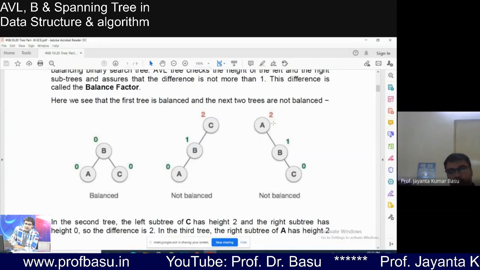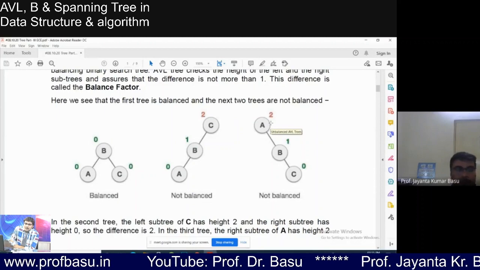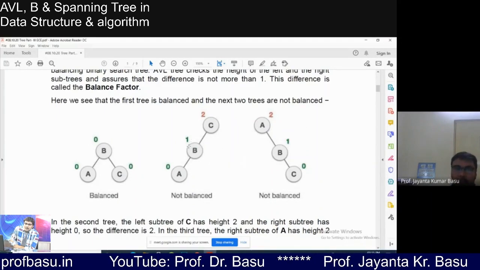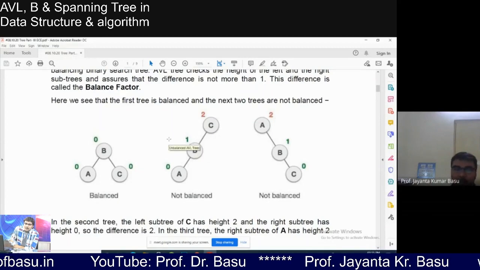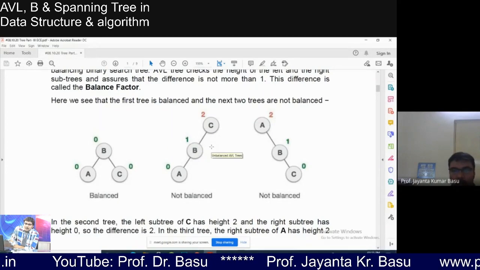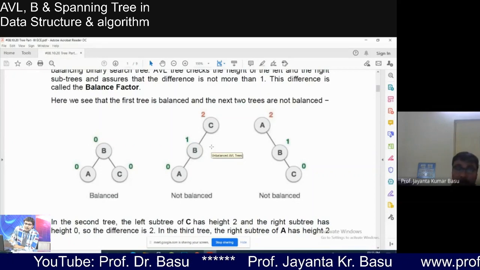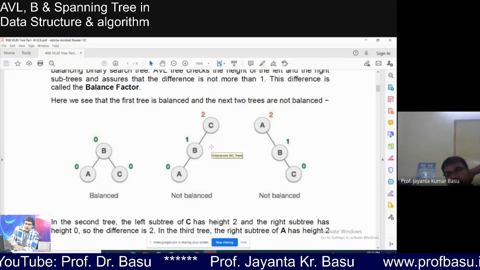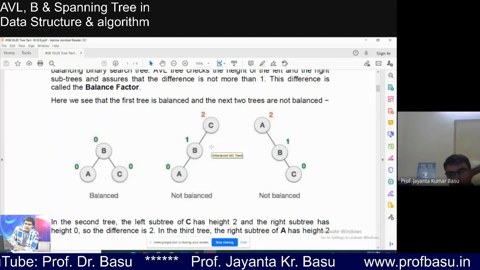Here also A is having a factor value of more than 1. So the permissible factor is -1, 0, or 1. Each and every node must be assigned with this factor. Then we will say the tree is balanced, otherwise it's non-balanced.